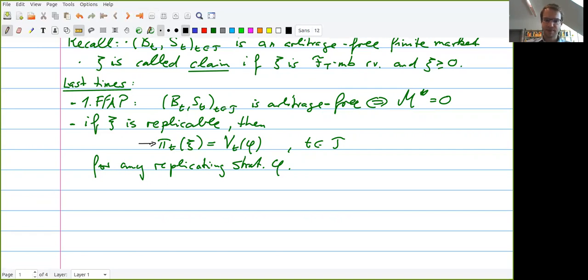The price process of the option psi can be determined by the equivalent martingale methods. So that's the first new lemma for today. In the lecture notes it is Lemma 4.6.